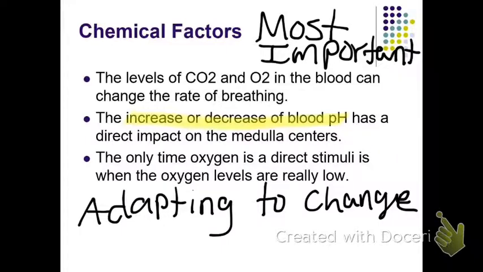And so when we have increased levels of CO2, we have an acidic environment which is not great for our body. Remember, we always want our blood to be around 7.2 to 7.4. Anything below that is considered an acidic environment, and things can denature and not function properly.